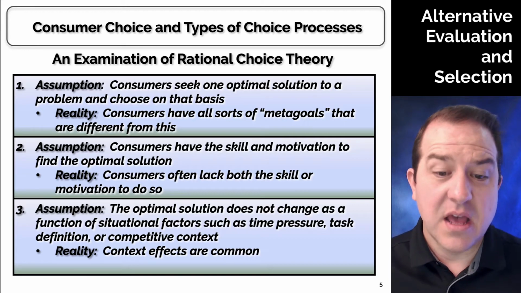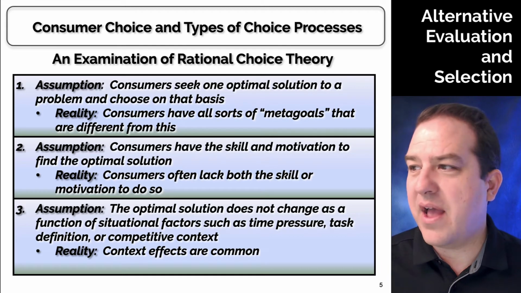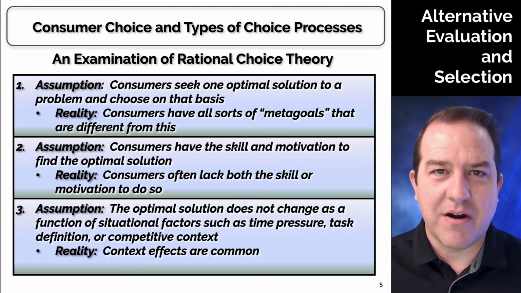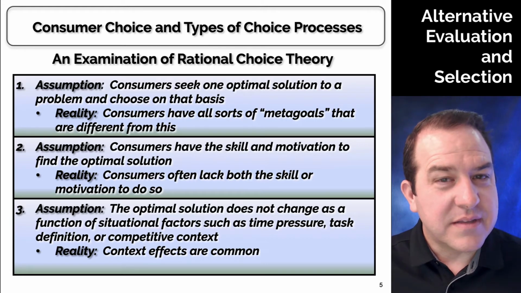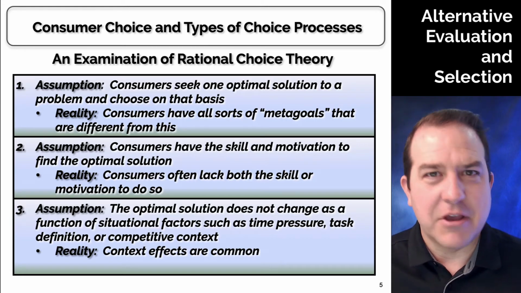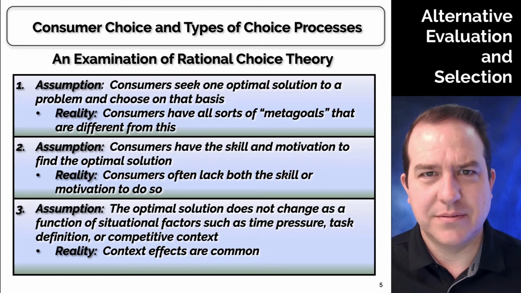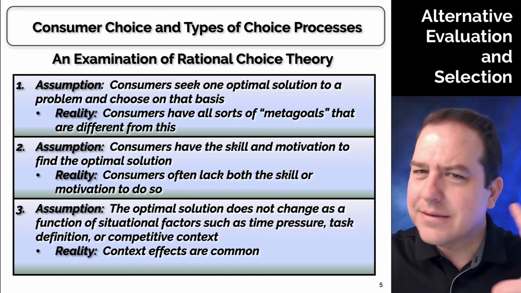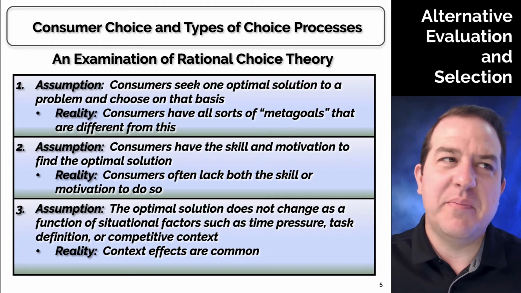And the reality is context effects are common. When you go buy a car, there's a lot of people that drive trucks that never haul anything. There's a lot of people that drive Priuses that drive 2 miles to work.